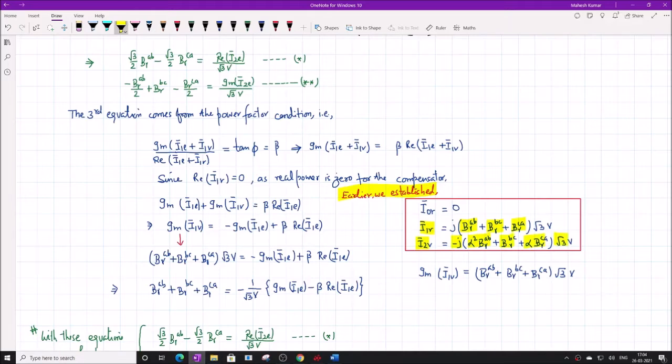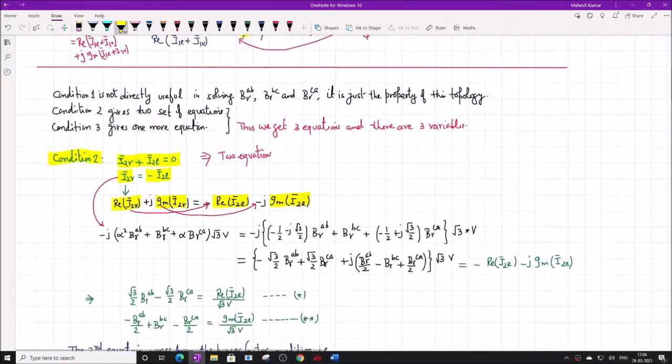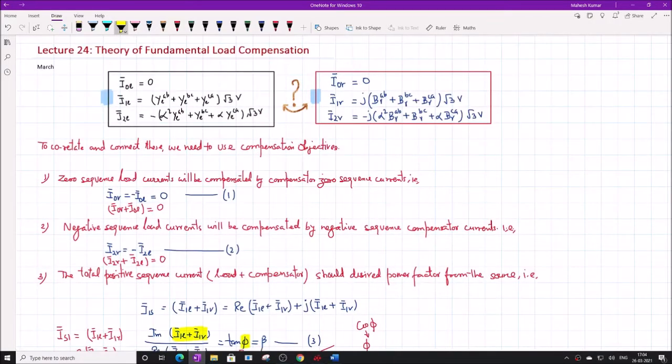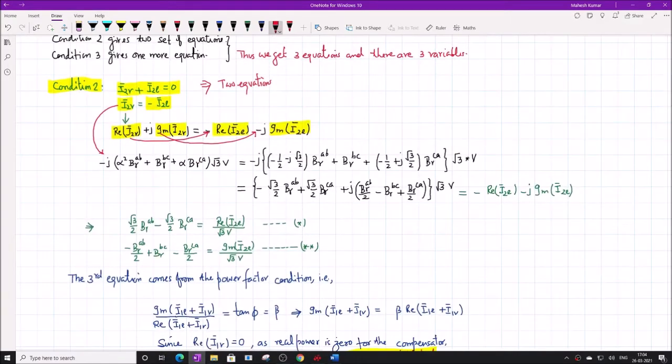Now from this, this is I2 gamma. This I2 gamma expression is used here, as you can see I am highlighting.